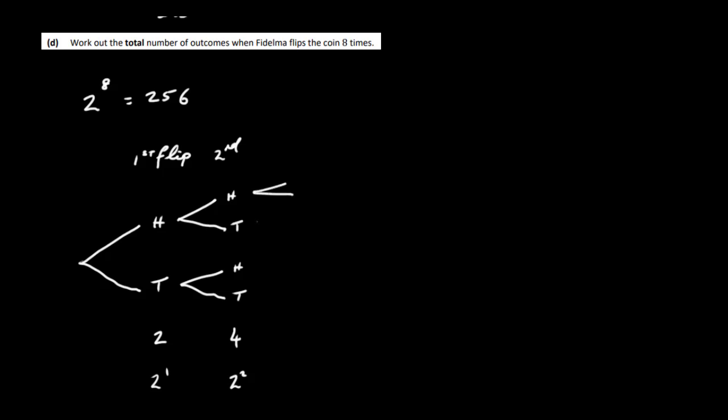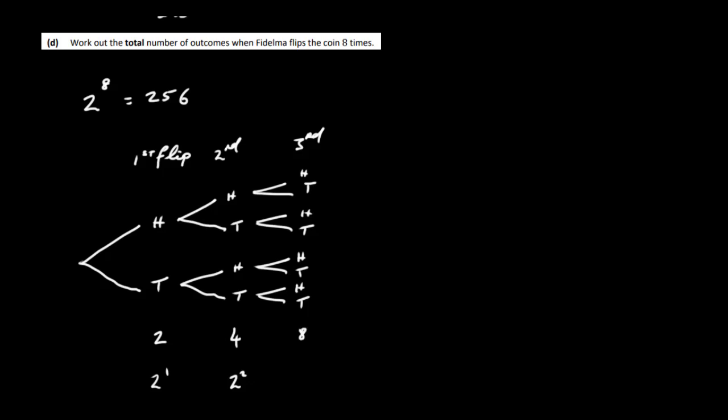You've got 1, 2, 1, 2, 1, 2. So here we have head, tail, head, tail, head, tail, head, tail. So this is the third flip. So how many have we got here? 2, 4, 6, 8.